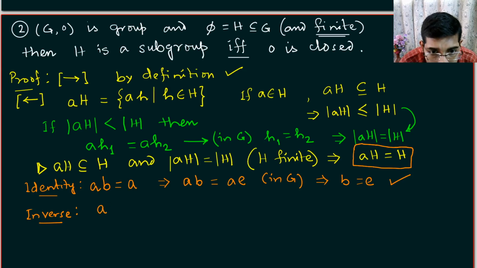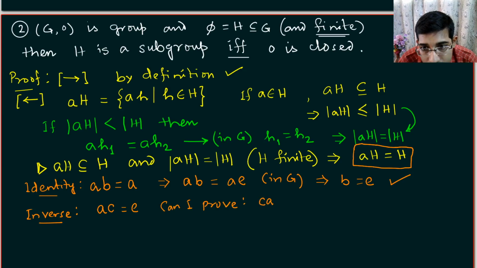So for an A, I assume there is an element C which will produce in this set the element E. Now for C to be the inverse, the side that is missing is: can I prove CA is also equal to E?